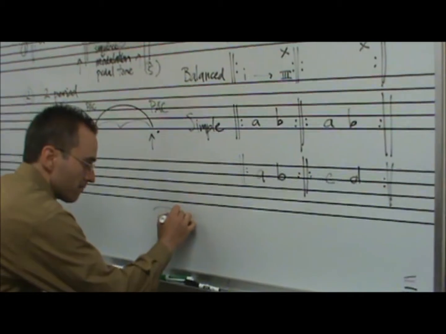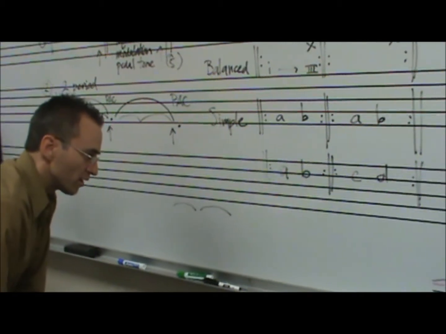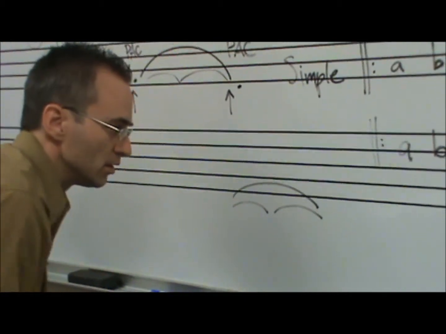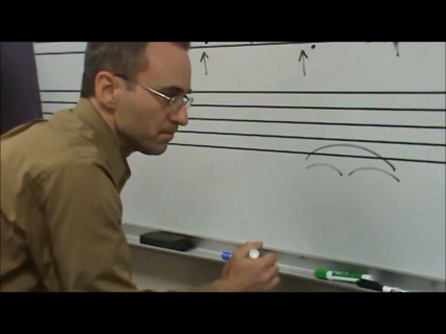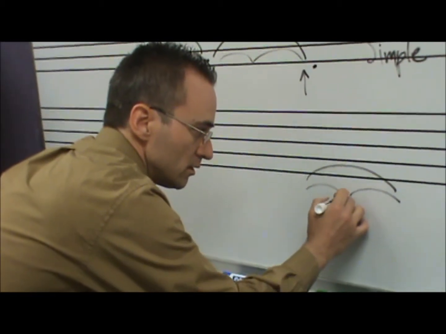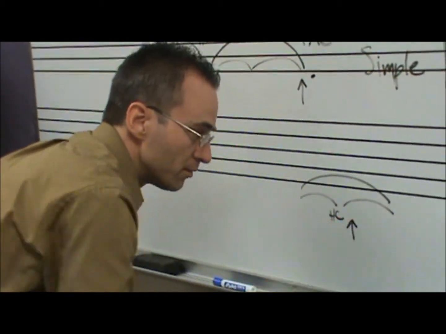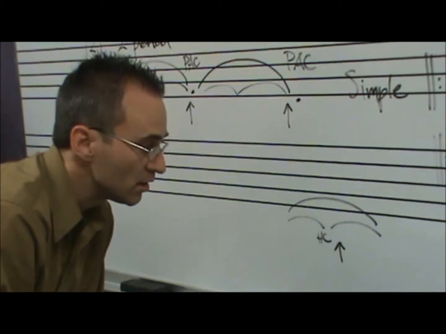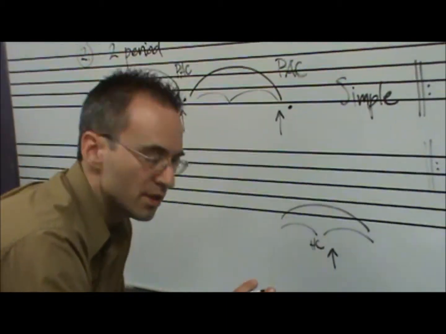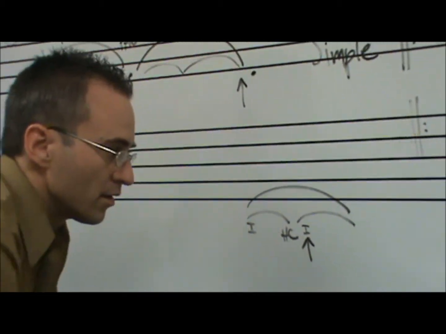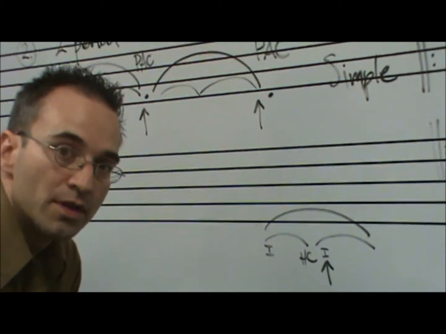Here's the tricky thing. When you're dealing with continuous with periods, say it's a two-phrase period, if you have a half cadence here, you have to look at the beginning of the second phrase to determine what kind of period this would be. If there's a return to tonic, then it's interrupted.